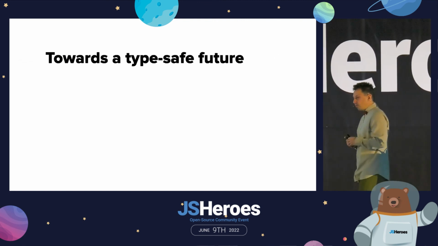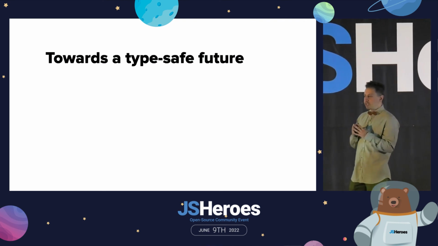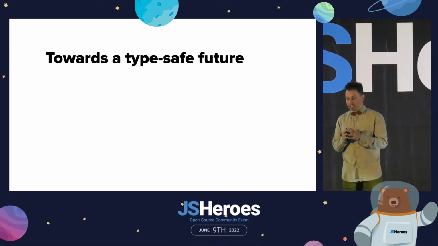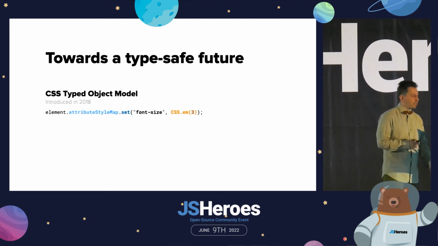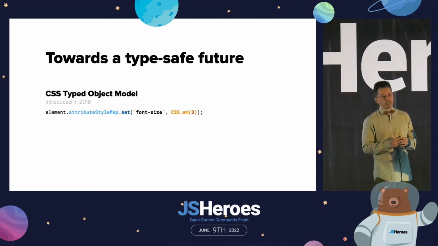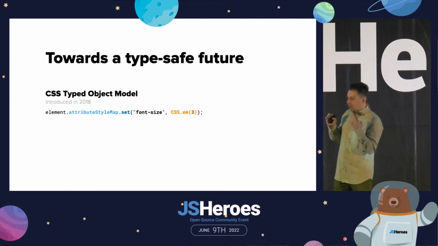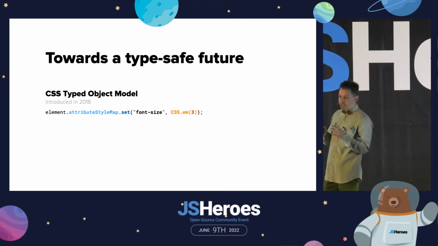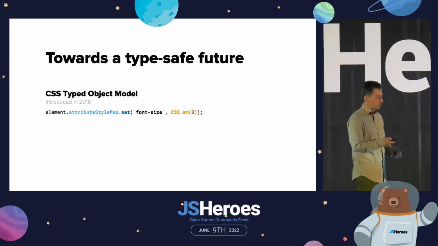And lately, we've seen some significant efforts to introduce type safety at the platform level as a standard. For instance, in 2018, the CSS Typed Object Model was introduced, basically providing a set of typed APIs to manipulate the styles within a browser instead of the old untyped APIs.